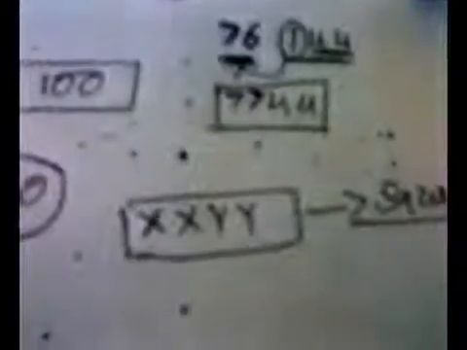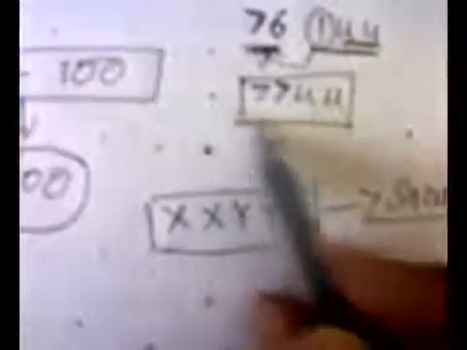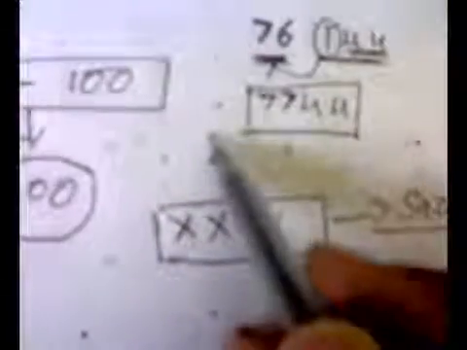So here we get our answer 7744, and this is the only number which is of the form xxyy and also is a square.